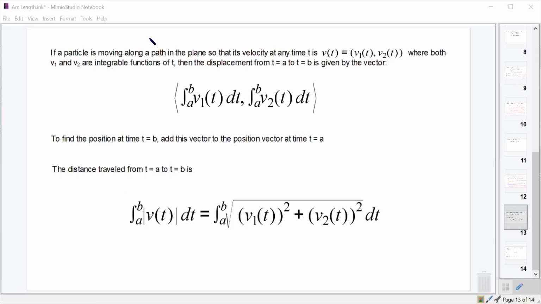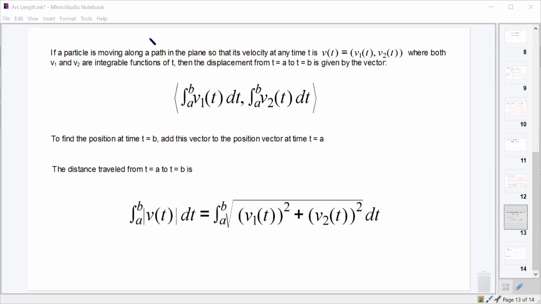And we can find an actual position at our new time by adding that to wherever we were at A. And if we want to look for the actual distance traveled, we're going to use this same distance formula type arc length thing with a square root of v1 squared plus v2 squared. And that's like integrating the absolute value of the velocity, right? That's what should give us the actual distance traveled.